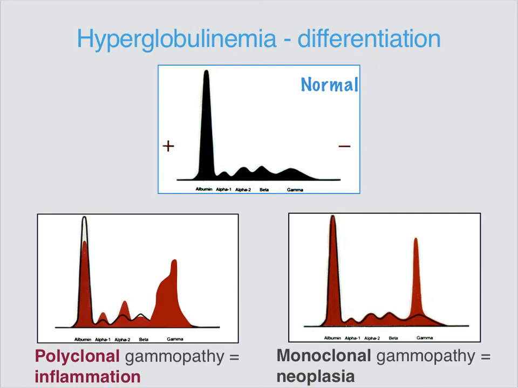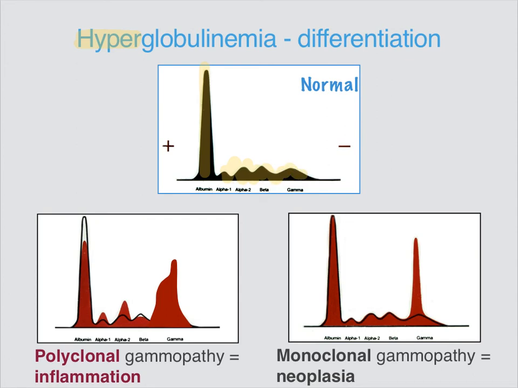So when we get results back on protein electrophoresis, we run them when we have a patient that has, remember, high globulins, and we're trying to figure out what's going on in the globulin fraction. And this is an example of one that looks nice and normal. Our albumin is nice and high up here, as it should be, and then we've got a whole bunch of lumpy bumpies coming back down here.